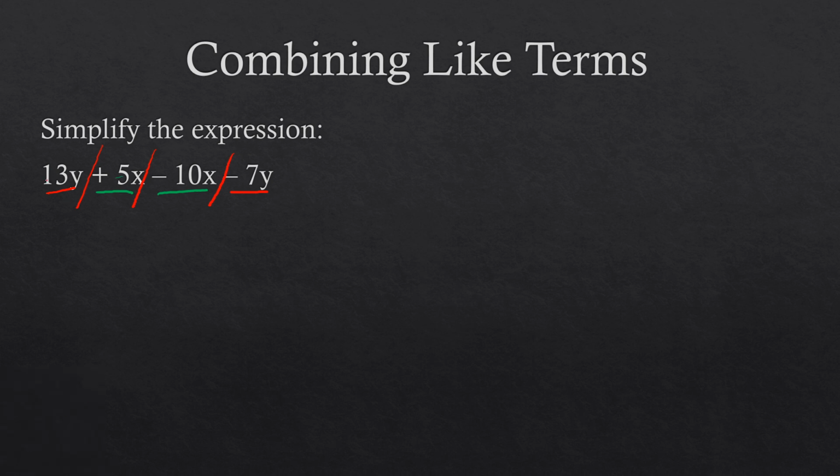So my first is 13y. And then here I have this 7y, okay? And notice how this minus sign is a part of my 7y term. Okay, this is why I draw those slashes so that way I know what sign is moving with my number.